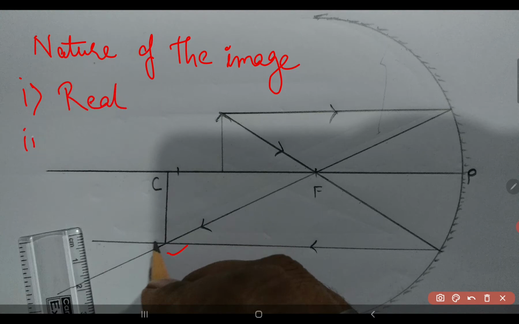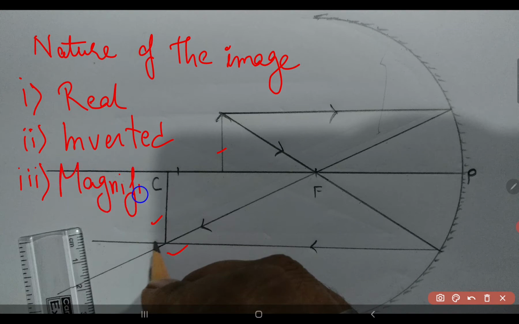Number 2, since it is real, it should be inverted. And number 3, the size: this line is bigger than this line, so it is magnified. Instead of using the word big, we are using magnified. So I hope you have understood till here.